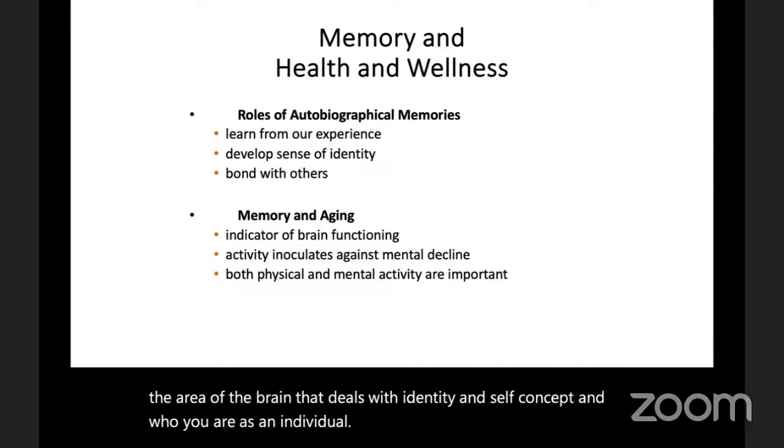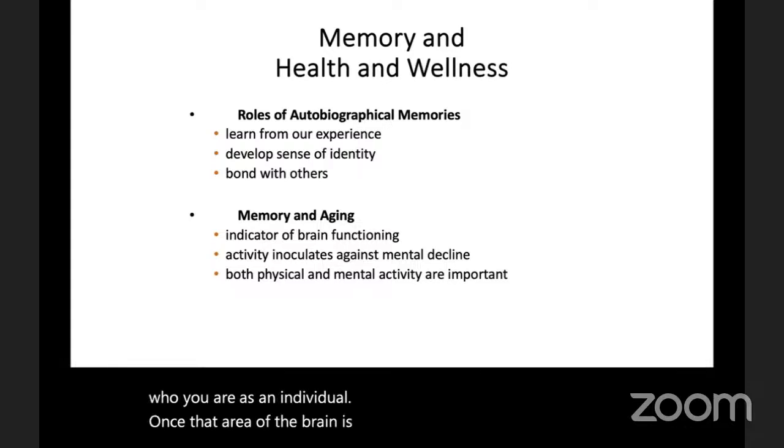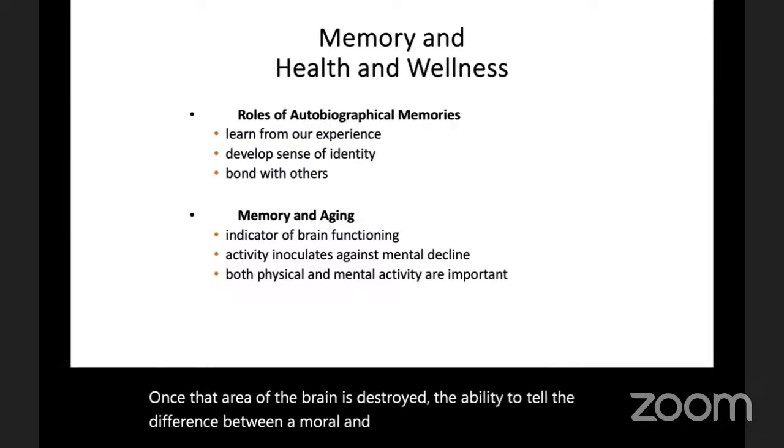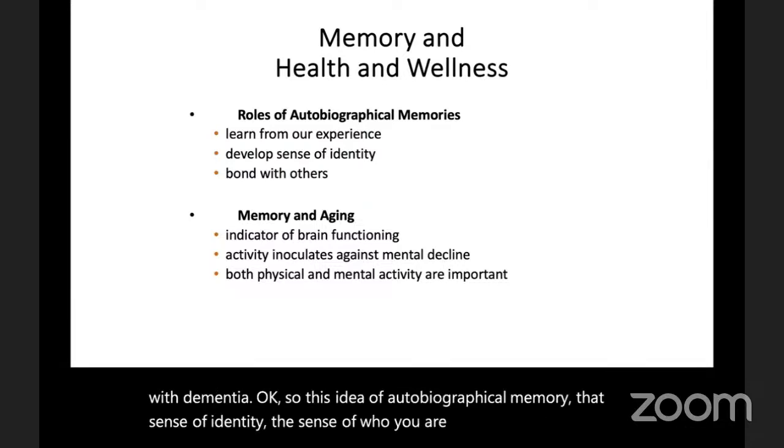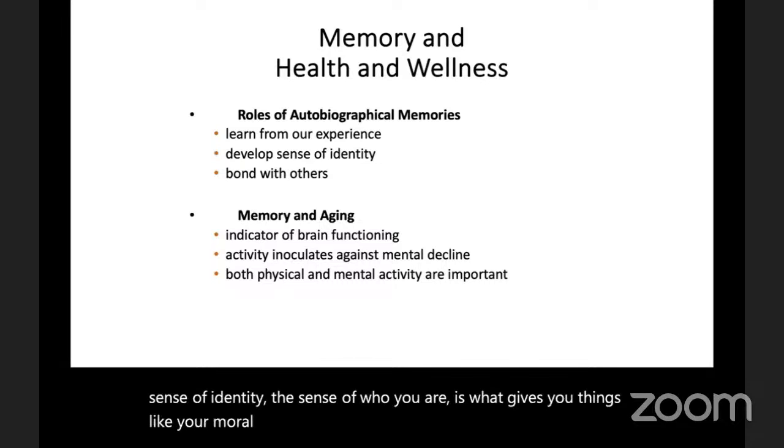Once that area of the brain is destroyed, the ability to tell the difference between a moral and immoral act leaves the individual with dementia, okay? So this idea of autobiographical memory, that sense of identity, the sense of who you are is what gives you things like your moral compass, as you would say. Okay? And we'll talk a little bit more about that when we get to social psychology.